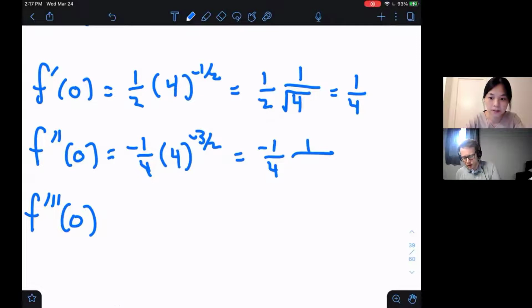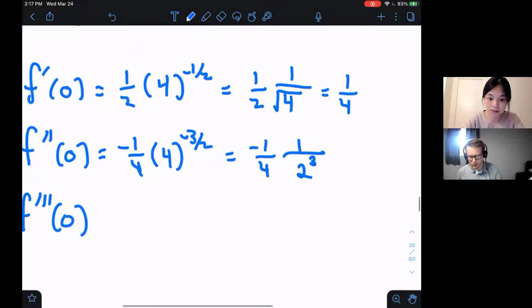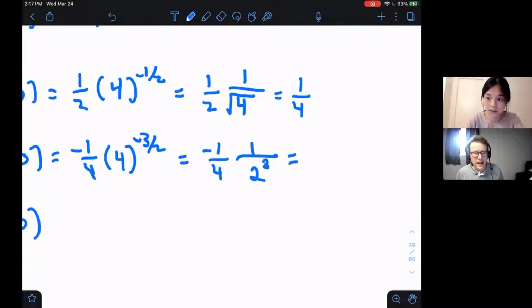We already said that the square root of 4 is going to be 2. But now don't forget, this isn't just -1/2 power, right? There's that 3. And so we still need to cube this. So you kind of just break up your exponents and you consider it piece by piece. So I did the negative, I did the 1/2, I did the cube, right? So I just do all of these things one by one. So this is going to be what, 1/8, and then we have this 4. So this is going to be -1/32, I believe.